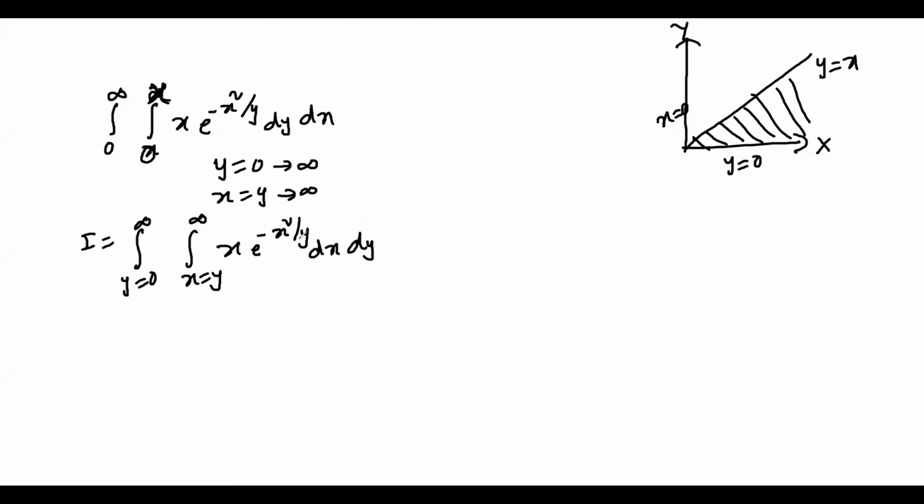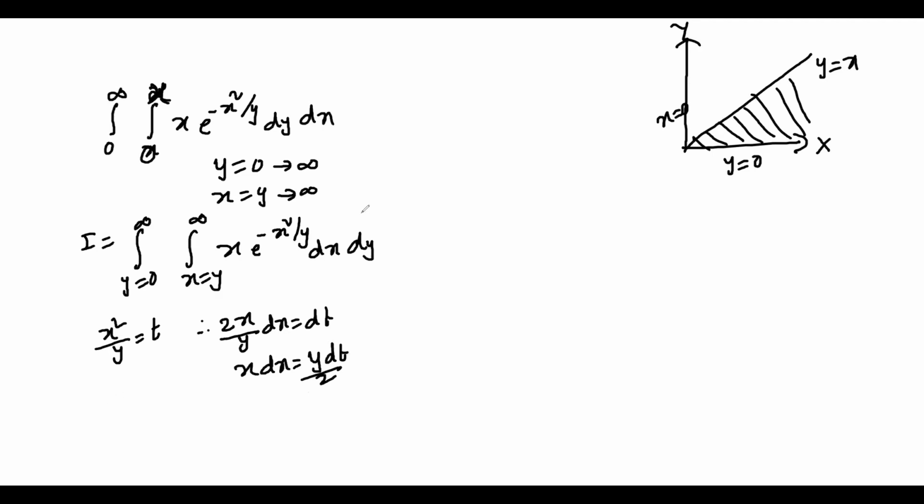Yes. Now here x square by y is equal to t. Therefore, 2x by y into dx is equal to dt. x into dx is equal to y into dt by 2.